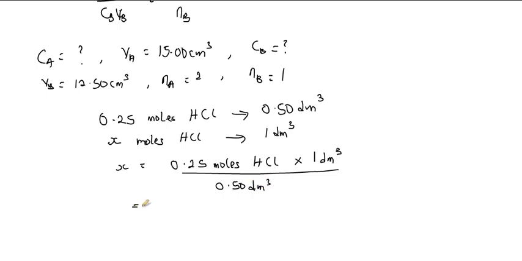And we have that to be 0.5 moles of HCl. So that is 0.5 moles of hydrogen chloride is present in 1 dm³, which simply means that Ca is equal to 0.5 mole per dm³.